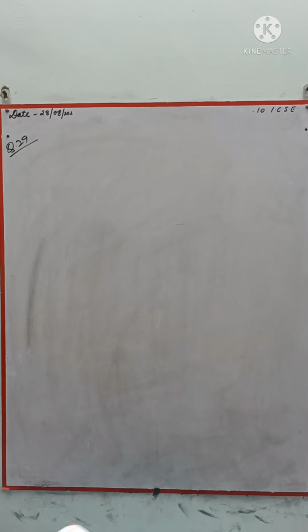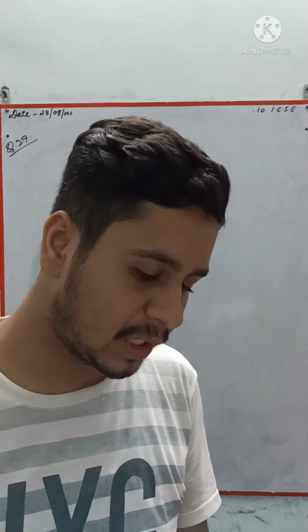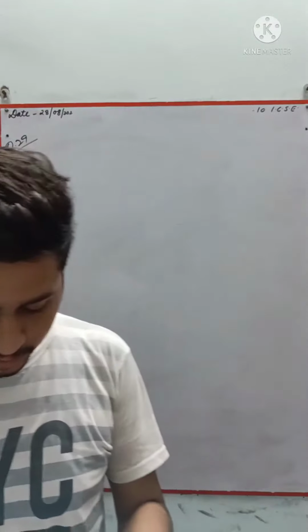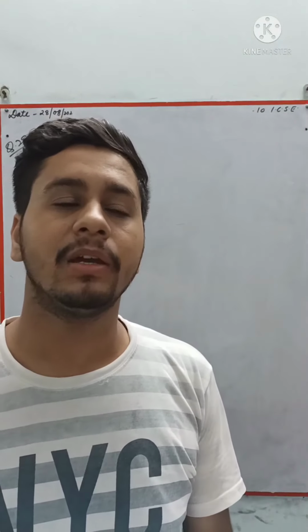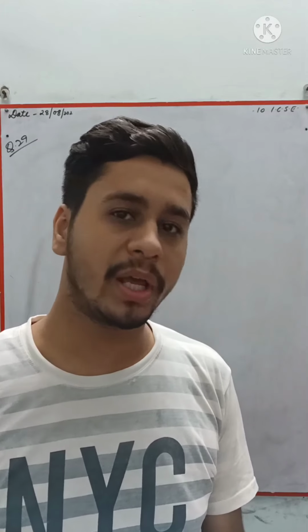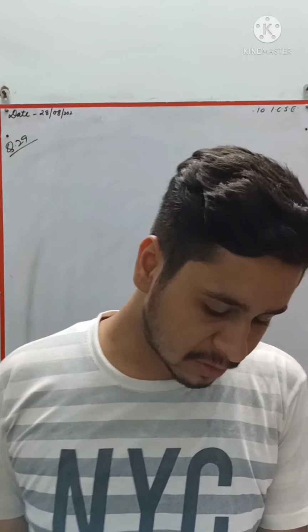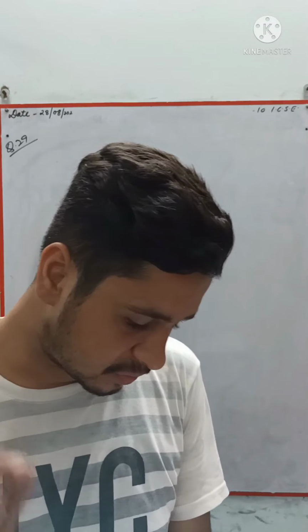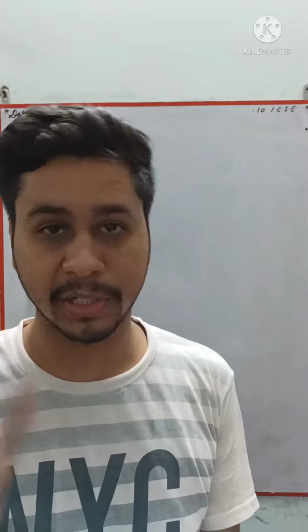Now the next one. A lady pays off a certain amount of debt in 15 installments. That means she has to pay the money for some loan she has taken, and that loan has 15 installments. If her first installment is rupees 450 and she increases each installment by rupees 50, find the total amount paid by her and what was her last installment.